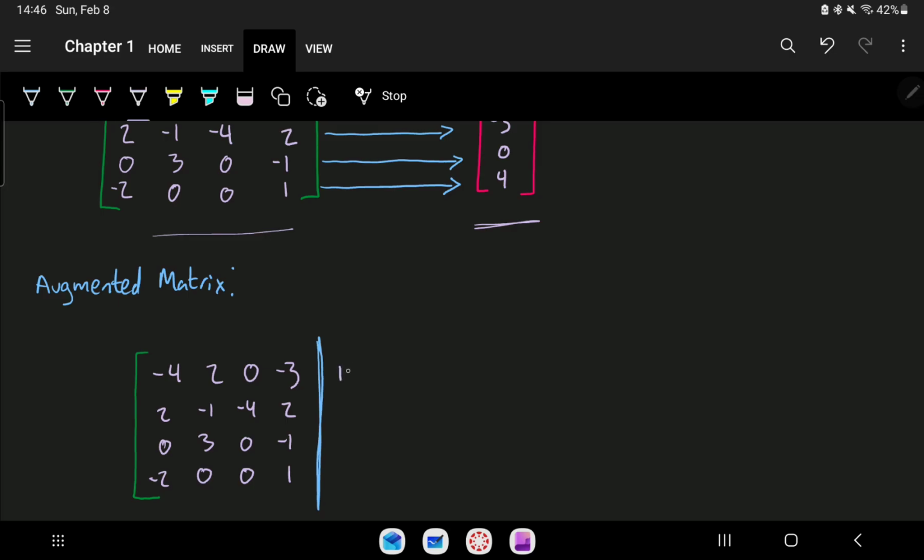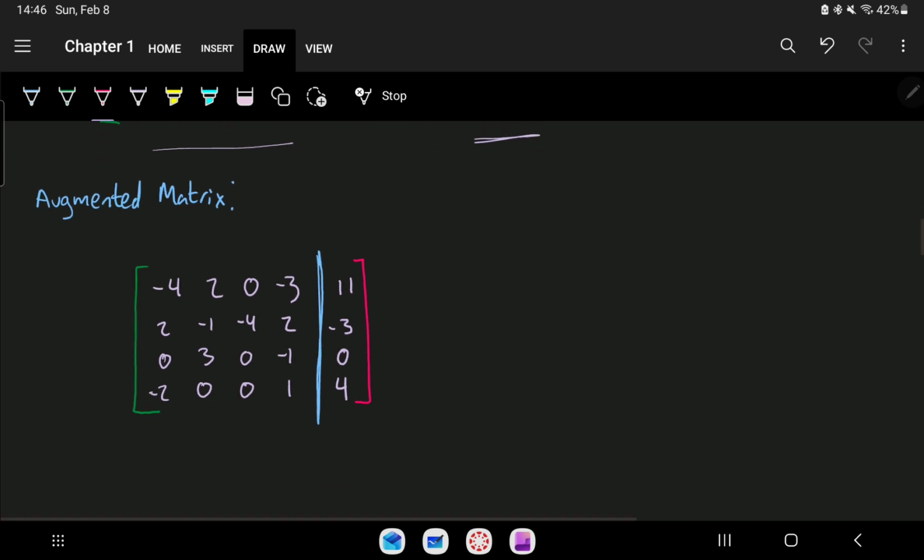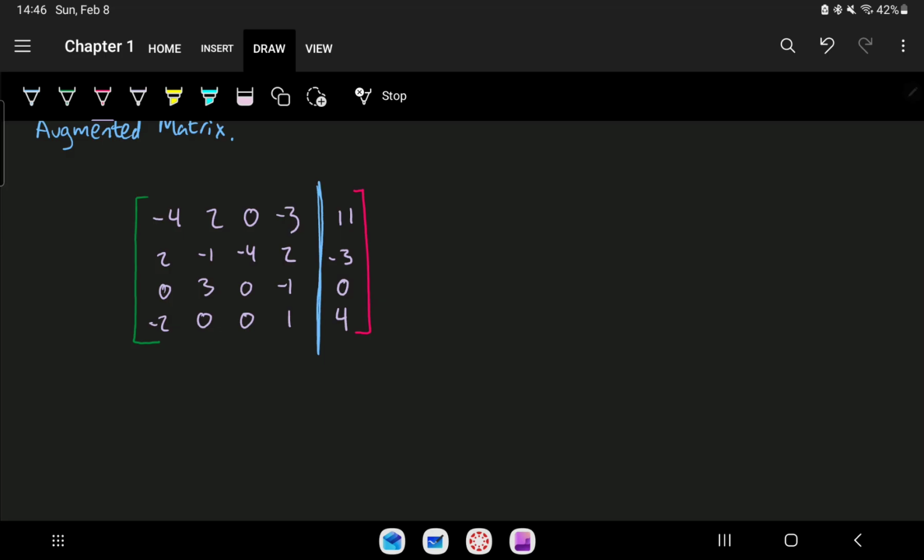So now on this side, I'm just going to write down that little solution vector that we just drew. And in order to signify that, I'm going to put this side of the bracket in that pinkish red color. So now we have an augmented matrix, and this is going to very clearly show the relationship between that system of equations we looked at the beginning and this matrix right here.